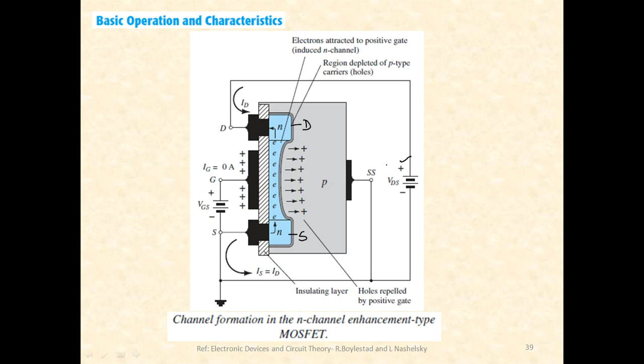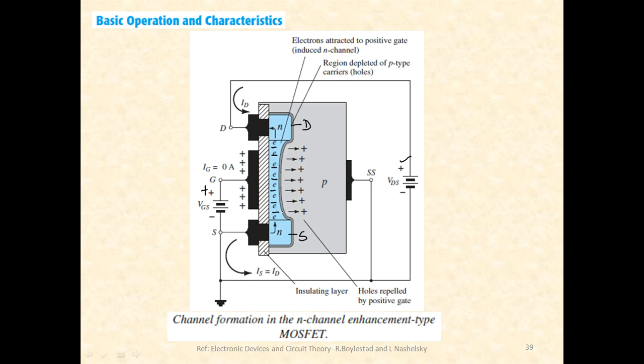Initially VDS is positive, and gate voltage is also positive. Since gate voltage is positive, positive charges are appearing on the metal plate. Equal but opposite negative charges have to appear here. Due to this, a channel is getting formed here. Please beware, in enhancement type, the channel will not be there before.